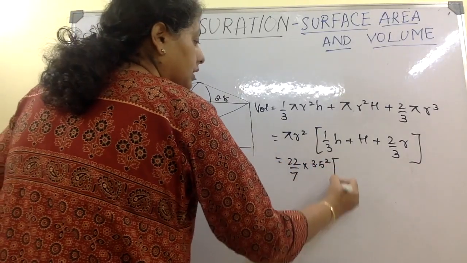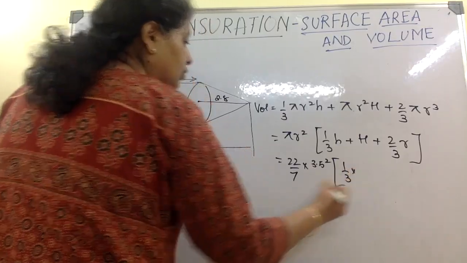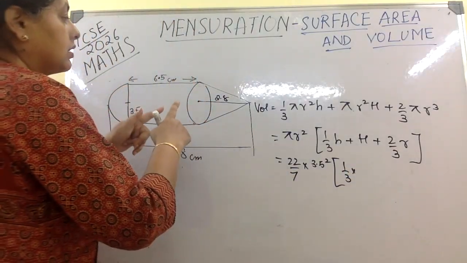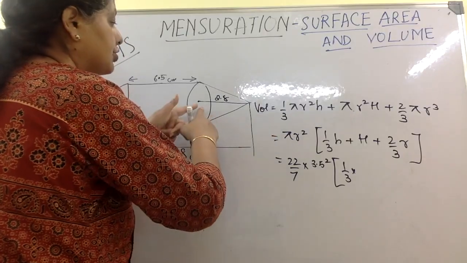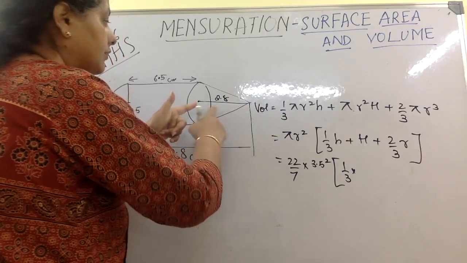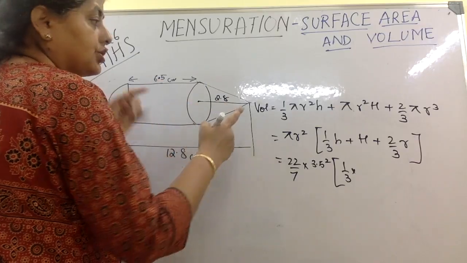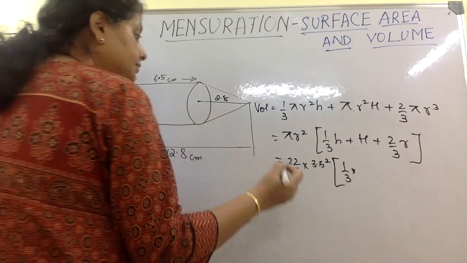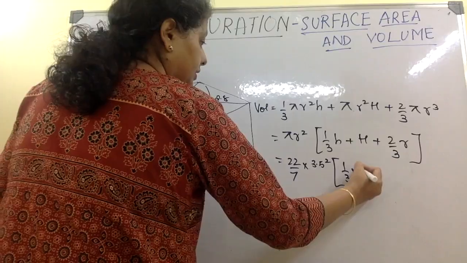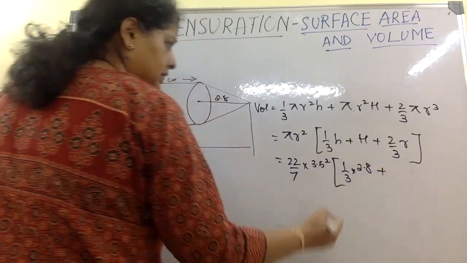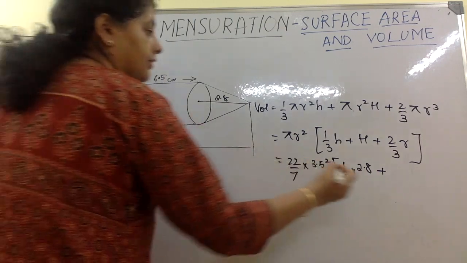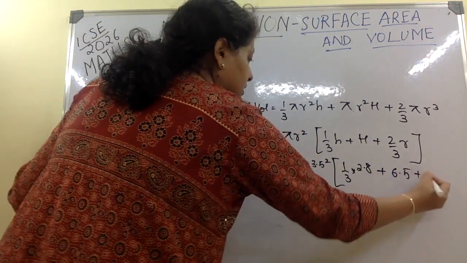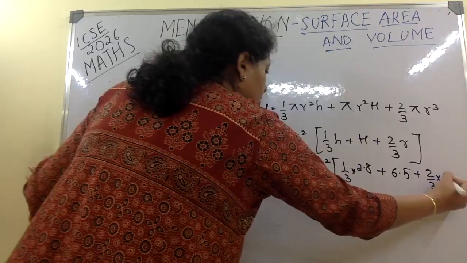So 22/7 into 3.5 square, into 1/3 h, where this h is for the cone, so it is 2.8, plus the other h, which is 6.5, plus 2/3 into 3.5.